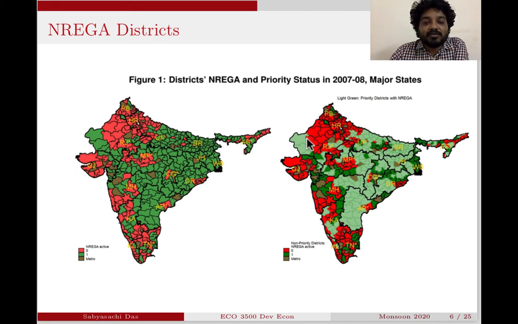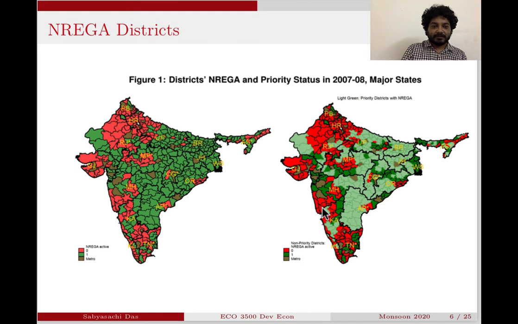So if you think about priority districts separately, let's focus on the non-priority districts. The dark green plus red are all non-priority districts. Of them, some get selected in phase 2, these are the dark green ones, and the rest, the red ones, get selected the year after. Okay, so that's the control in 2007-8.